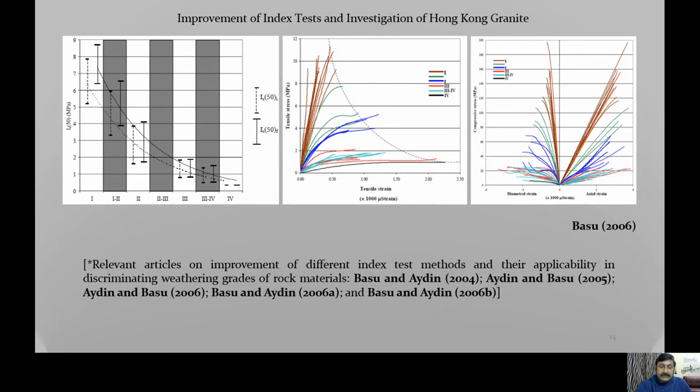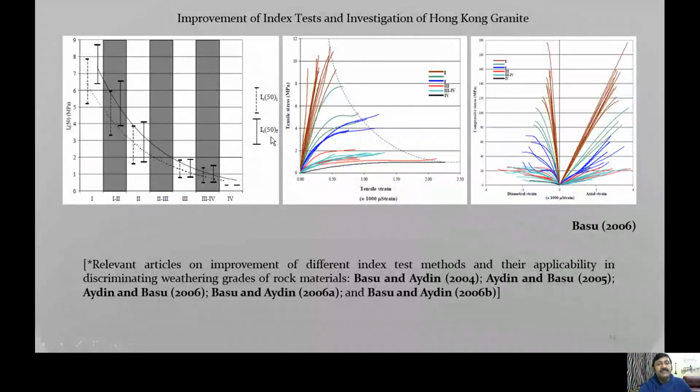And to get this distance between these two platens at the point of failure, we need to have a distance sensor that can give us this distance at the moment of failure. Okay, so therefore, according to the standard specifications, we tried to fit a distance sensor with this point load test system, and we found that when this depth of cone penetration was considered, it gave us a better resolution in terms of categorization of weathering rates, as we can see here.